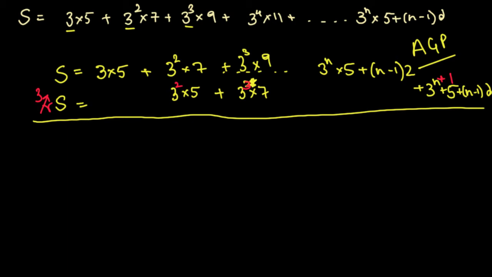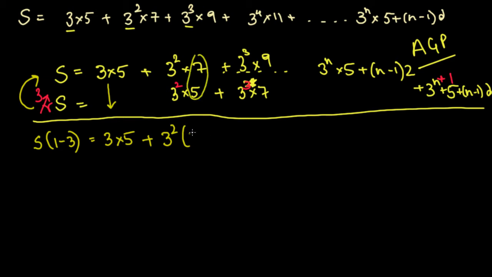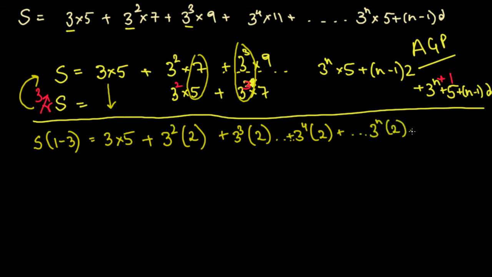The advantage of doing this is when you subtract this equation from this equation, you get S(1 minus 3) is equal to, I'll write this term as it is, so it's 3 into 5 plus, I'm going to factor out a 3 squared, and this will become 7 minus 5, which is nothing else but 2, and I'm going to factor out a 3 cube here, so this term will become 9 minus 7, which is nothing else but 2, and you'll see 3 to the 4 into 2, and so on up to 3 to the nth power into 2, and this term will remain as it is because the first term didn't pair with anything, so this term won't pair with anything else.